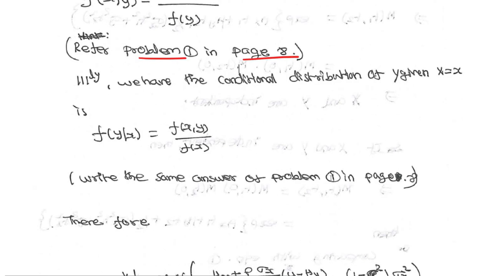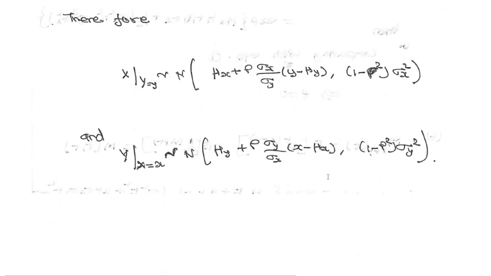So students, I advise you to go through problem number 1 on page number 8, and there we proved already how to find the conditional distribution. Thank you, students. Finally, we can conclude X given Y equal to y is a normal variate with this mean value and this variance value, and Y given X equal to x is a normal variate with mean value this one and variance value this. Thank you, one and all.